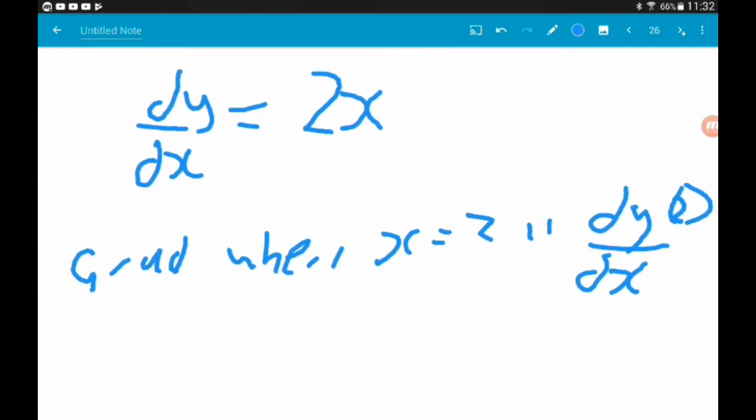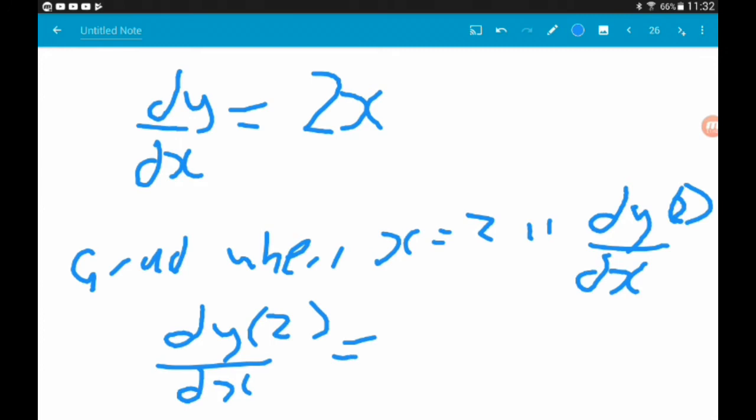So we get 2 times 2, which on a good day is 4. So the gradient of x squared at the point where x is equal to 2 is 4.